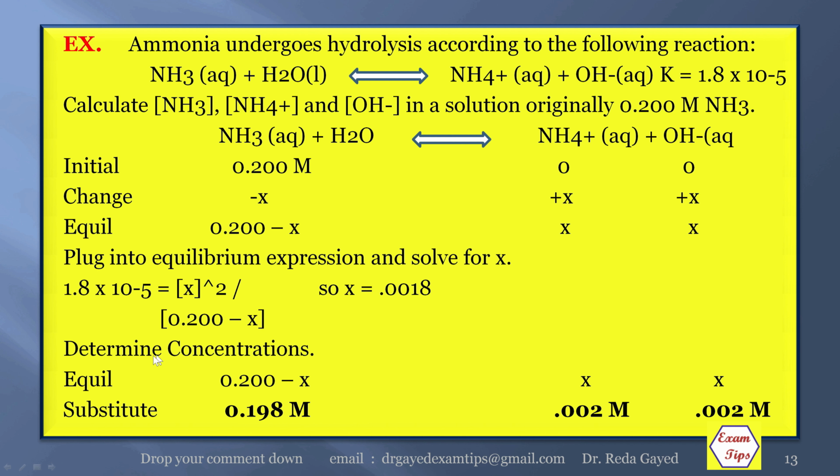Finally, determine concentrations at equilibrium. 0.2 minus X for NH3, so it will be 0.198 mole, while each product here is X, it is 0.002, and this is 0.002.